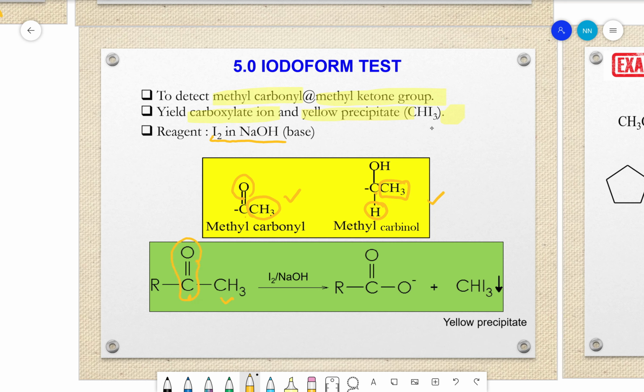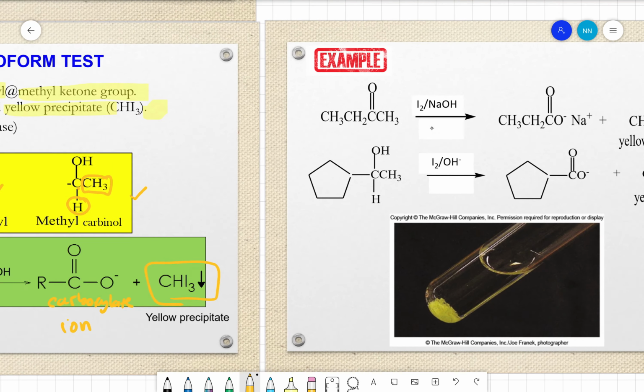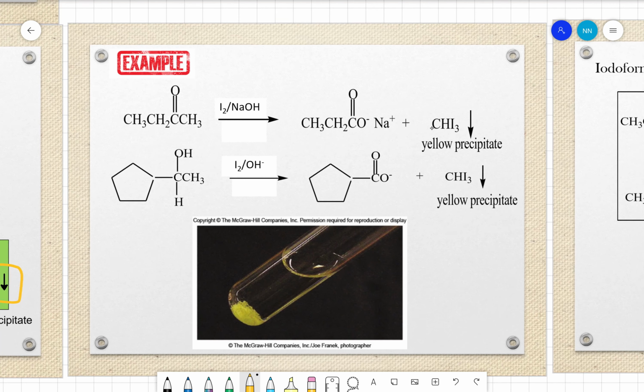So that means the reaction will proceed. The presence of a methyl carbonyl causes it to form a carboxylate ion and a yellow precipitate of triiodomethane, CHI3, produced as a side product. Your observation is a yellow precipitate.